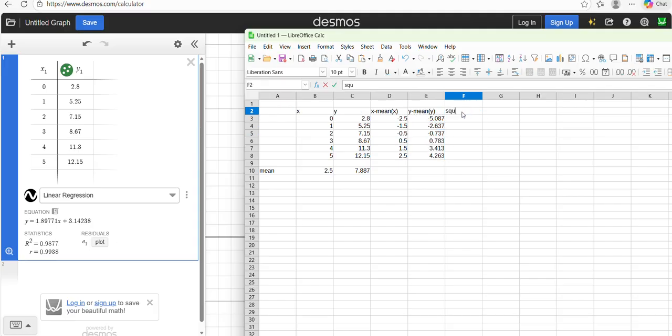Now, if we want to find the square of x minus the mean of x, then this equals the square of this cell. And we can do that all the way down.